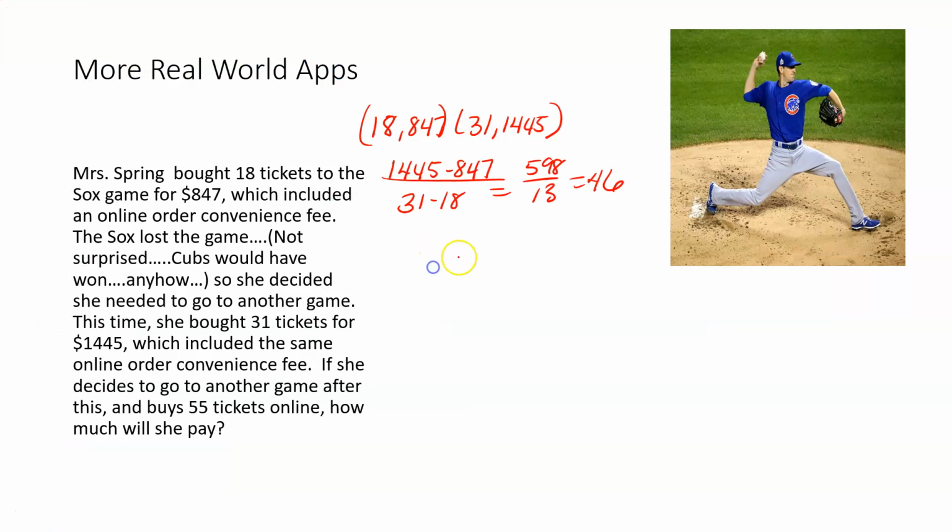Okay, sorry about that. I'm going to use slope-intercept form this time. And I'm going to put the 46 in for m. And I'm going to use one of the points to find my b. So then I'll have an equation in slope-intercept form. So let me see which one of the points I'm going to use.